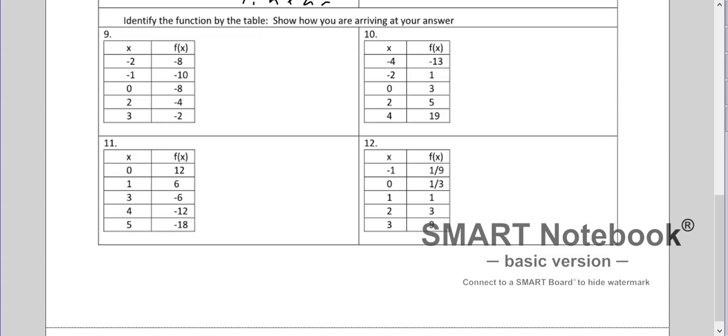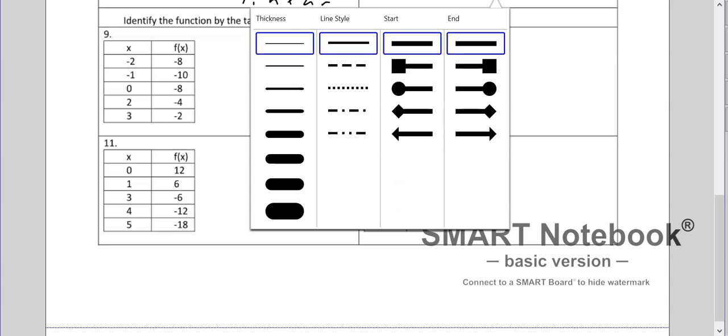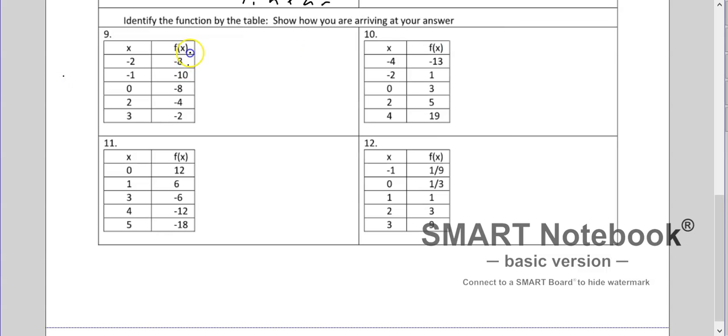Now, you also want to look for some patterns here, like see this -8 here and here. Okay, so if you have -8 at 2 different points, you know you're probably going to have something like a parabola or an absolute value because of just the general shape of it, right?